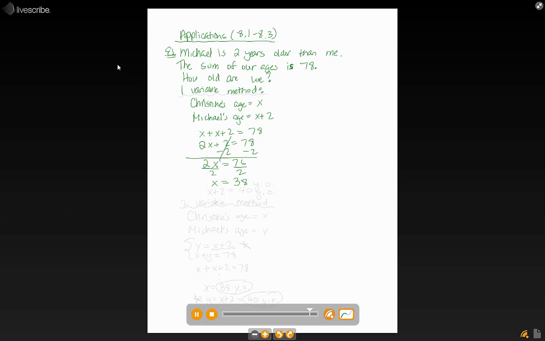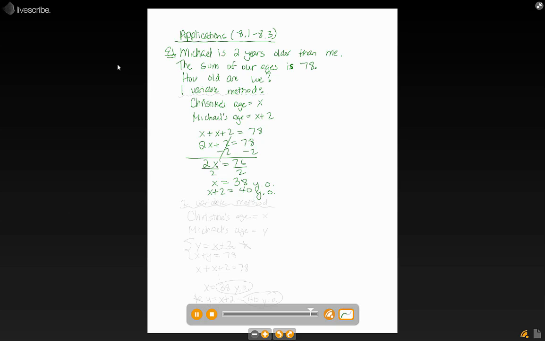Then x plus 2 is 38 plus 2, or 40. So I'm what? 38. Boo-hoo. And Michael's 40. At least he's older. That's the one variable method that we're used to, huh? I won't tell him that.